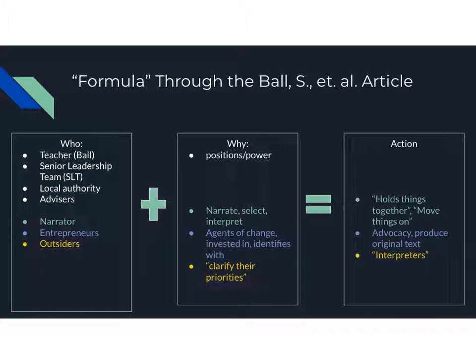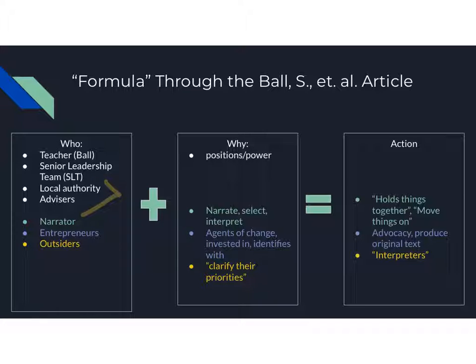So the outsiders, their why is they really want to clarify their priorities. And so their action is that they're going to be interpreters. One of the things that's distinguished here is that that's where the who of the local authority and the advisors that you can see up here comes in.